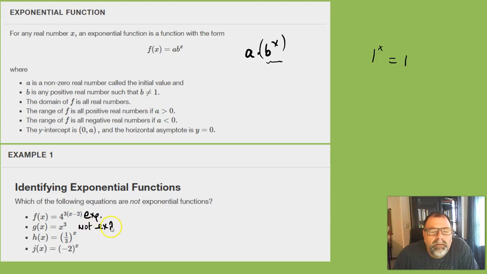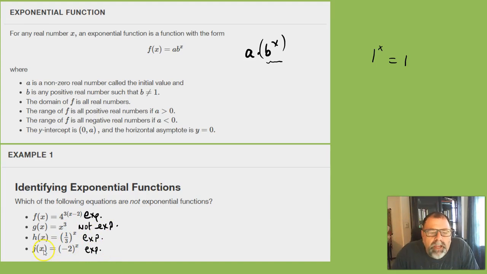Here, 1/3 is the base, x is the exponent, so that one's exponential. And here, -2 is the base, and x is the exponent, so that one's exponential. So only g of x is not exponential. The rest of them are exponential.